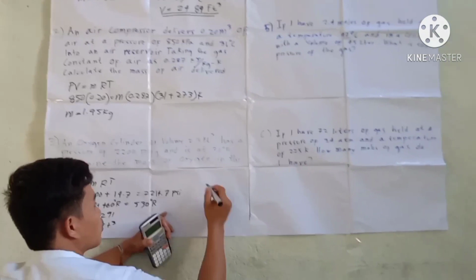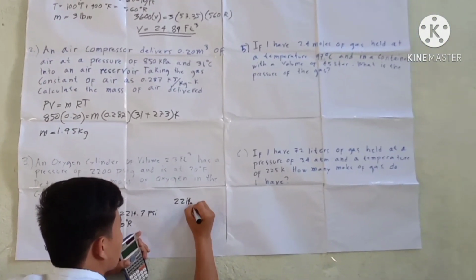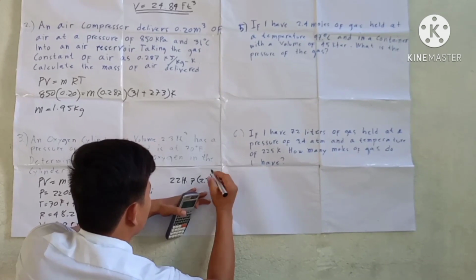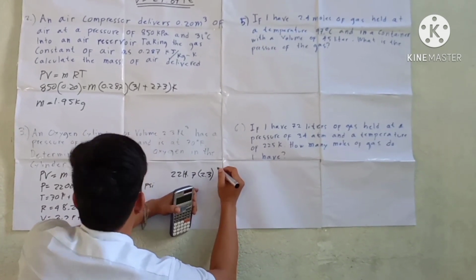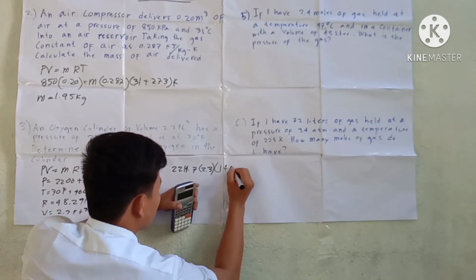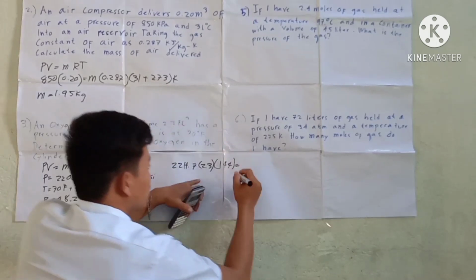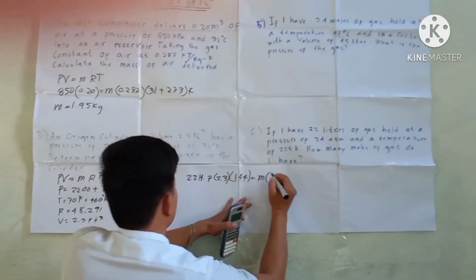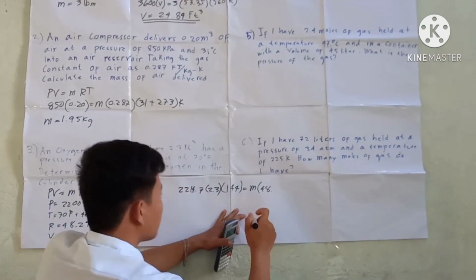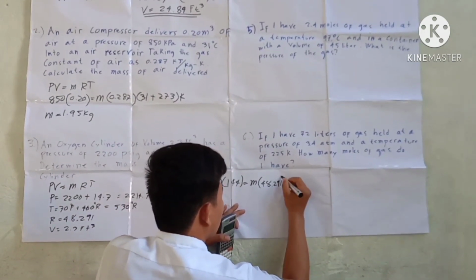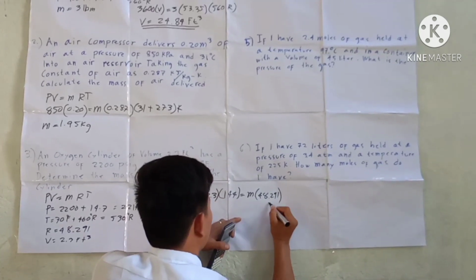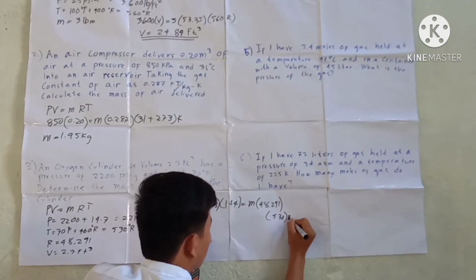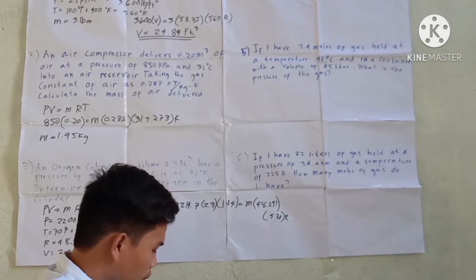So the pressure is 2,214.7 psi times the volume 2.3, the volume of the oxygen, times 144 equals the mass times the gas constant of oxygen, 48.291, times the temperature 530 Rankine. So we need to shift solve.